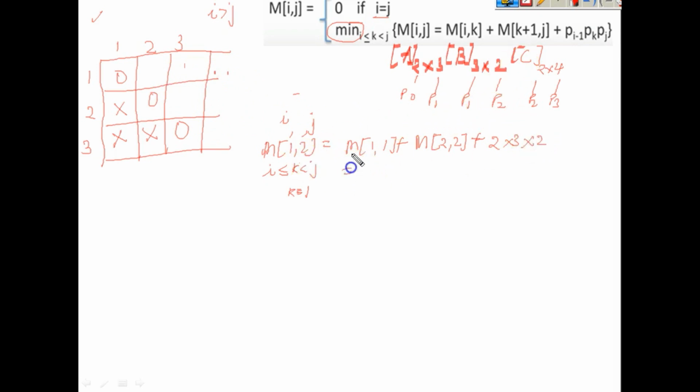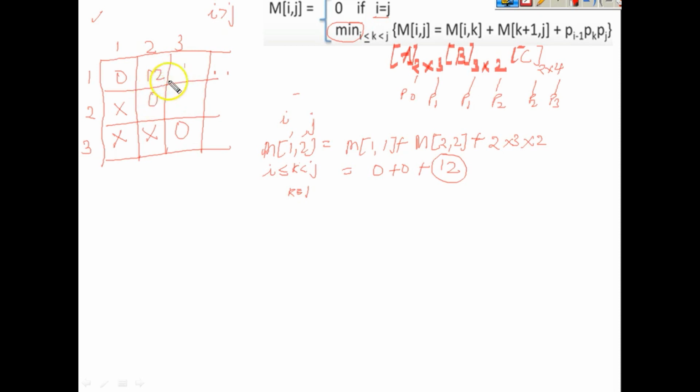When you solve this, you can see M11, where i equals j, is 0. So this is 0 plus 12, so you can write this value here: 12.